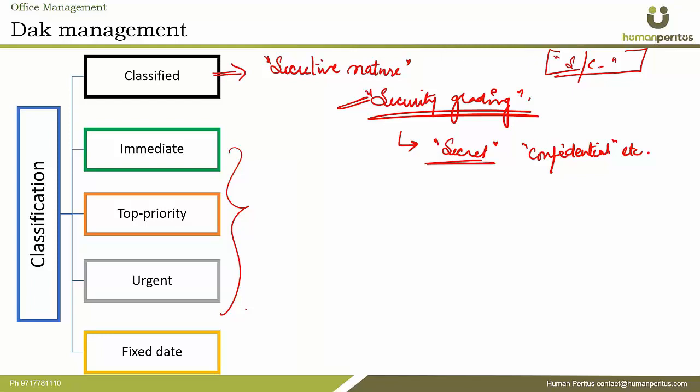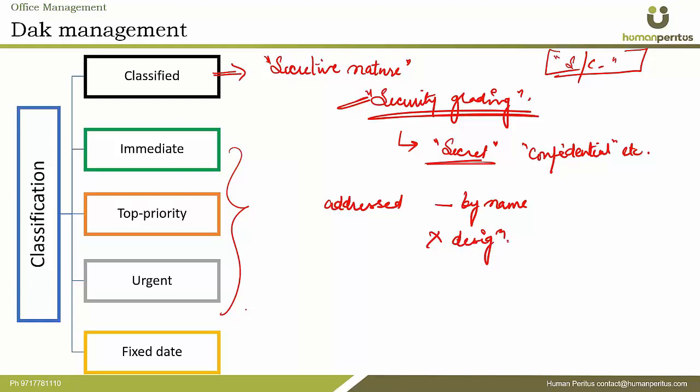Because if the designation is given, it would become very clear which authority the dak would go to. If the name is given, then 2 or 3 persons may have a similar name, so that still has an element of confidentiality. So its feature is that it is addressed to the officer by name and not by his or her designation.